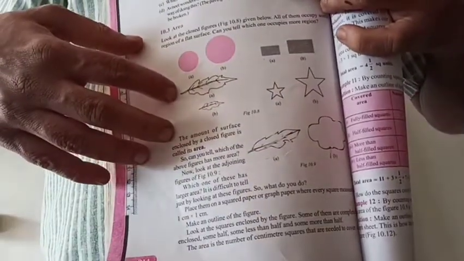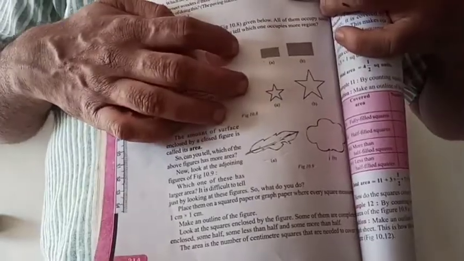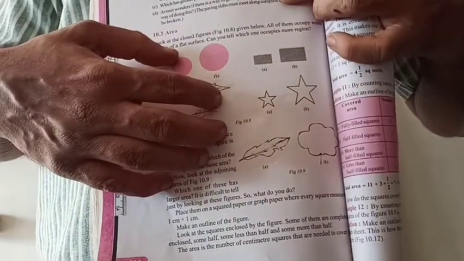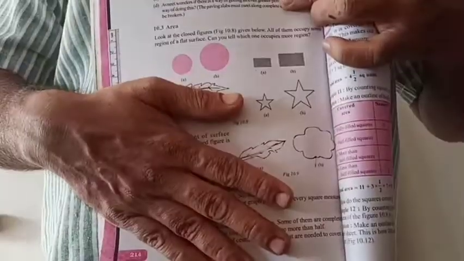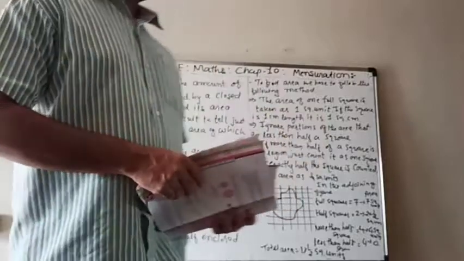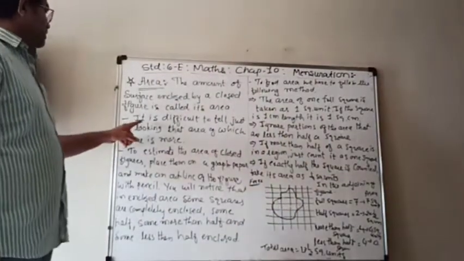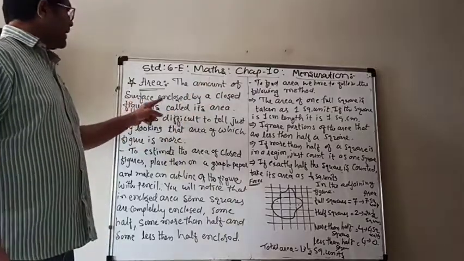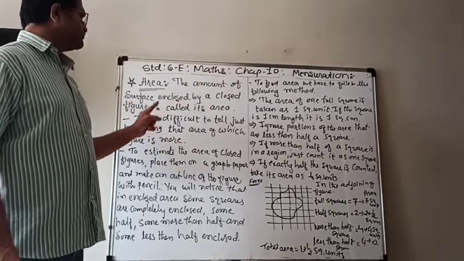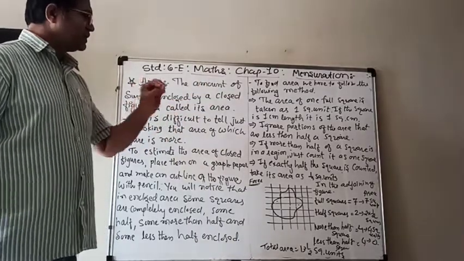Now, all these closed figures occupy some space on the plane. So, the amount of surface enclosed by a closed figure is called its area.